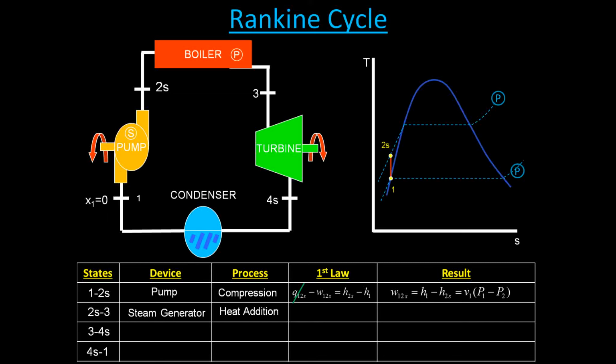Since it's constant pressure, isobaric, that means that we're also going to state that the quality at state 3 is going to be equal to 1. So it's 100% vapor, right there on the saturated vapor line. Since it's isobaric, constant pressure, on the vapor dome it'll follow the path along that constant pressure line until it gets to state 3 on the saturated vapor line.